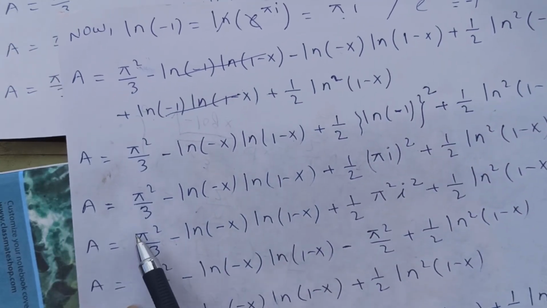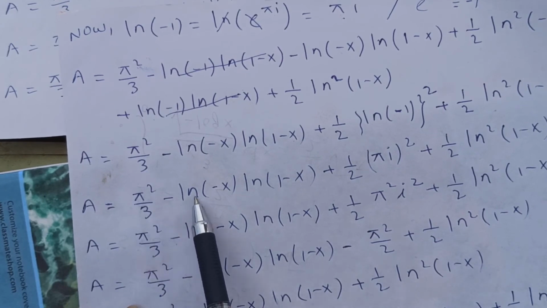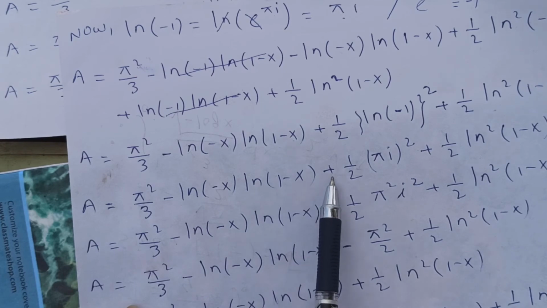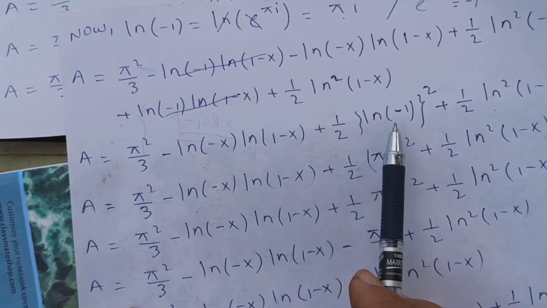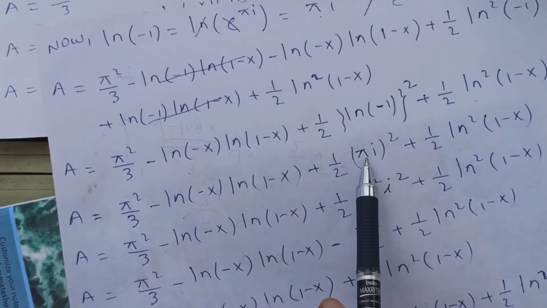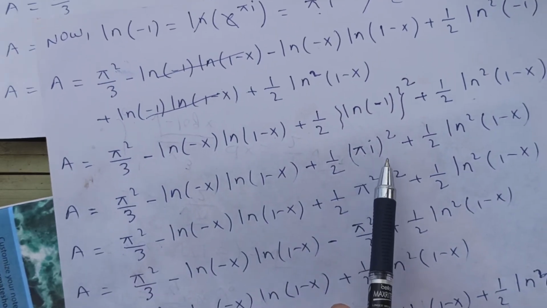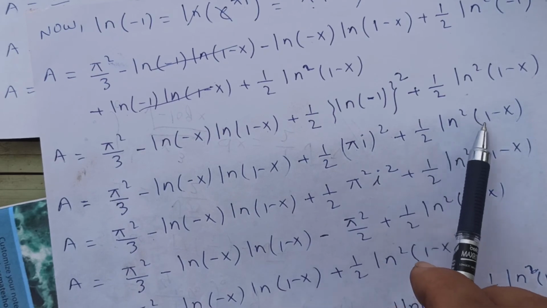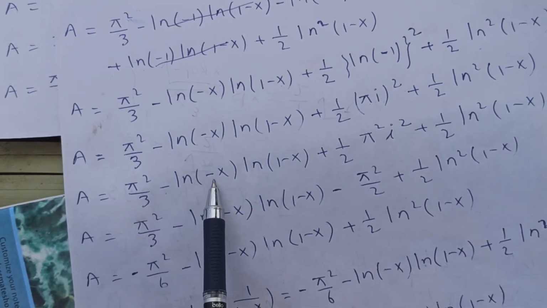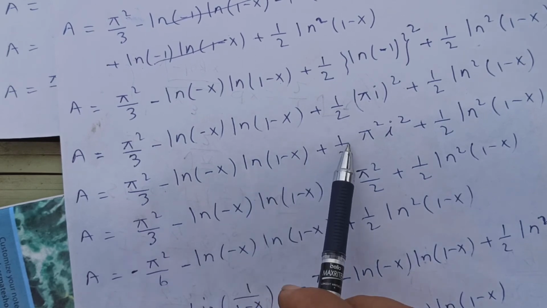plus ½ ln²(1−x). Now a is π²/3 − ln(−x)·ln(1−x) + ½ (πi)² + ½ ln²(1−x).